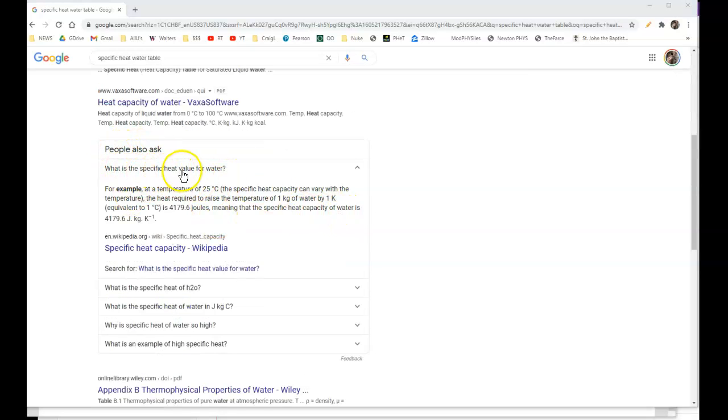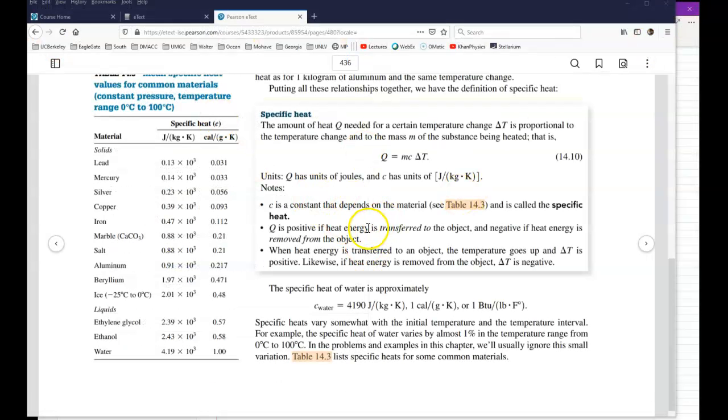It says, what is the specific heat value for water? And look at that. It is 4.179. Our book says 4.19. See the difference? It is a relatively significant difference. So that's why you want to stick with the book. If you use this, you're probably not going to get a precise answer that is satisfying to Pearson. So always stick with the book, please. Okay, continuing on.